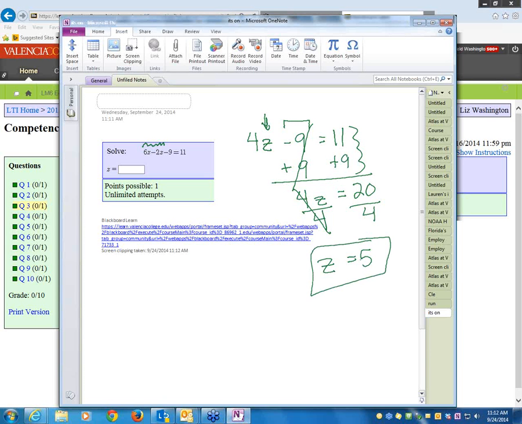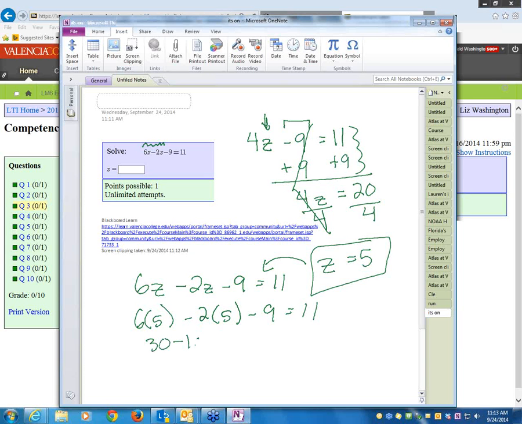Now, it is also a good habit to check your answers. And you can check your answers by plugging your answer into the original equation. So if I take my answer and I plug it in appropriately, I should end up with a true statement at the end, and that's how I know my answer was correct. 6 times 5 gives me 30. 2 times 5 gives me 10.